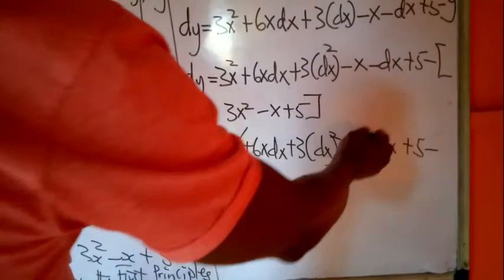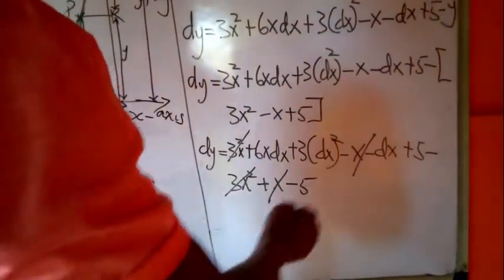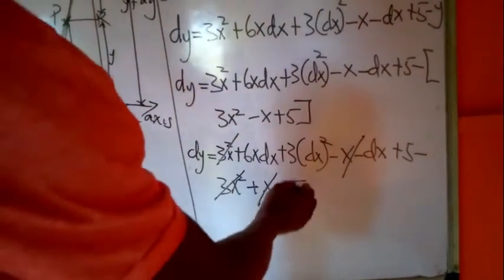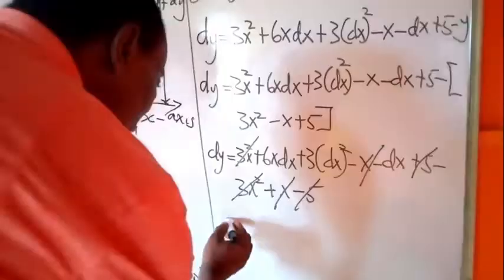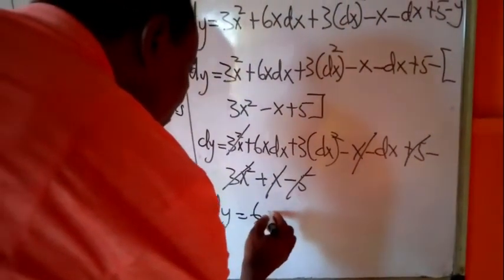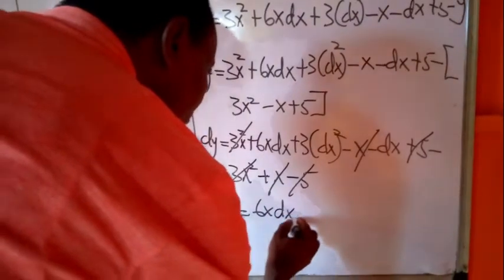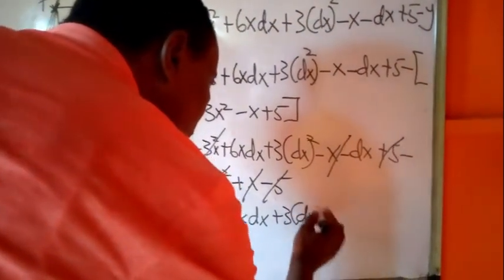Minus x plus x will cancel. Plus 5 minus 5 will cancel. So what do you have? You have dy is equal to 6x dx plus 3 into dx all squared.